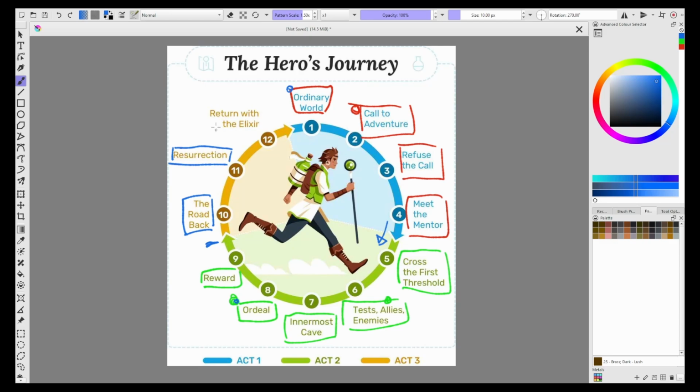And they hit this, the resurrection. This is where they have one final test. Usually this will be much less external and much more internal for the character. Over here in the ordeal, they were able to defeat that major external conflict, and they may have overcome a lot of their internal conflict too, but then we find over here in the resurrection, hang on a minute, there's still some internal problems going on, you know?